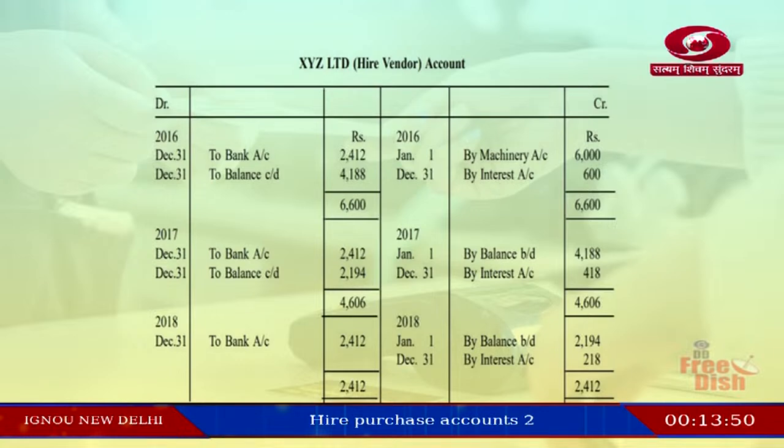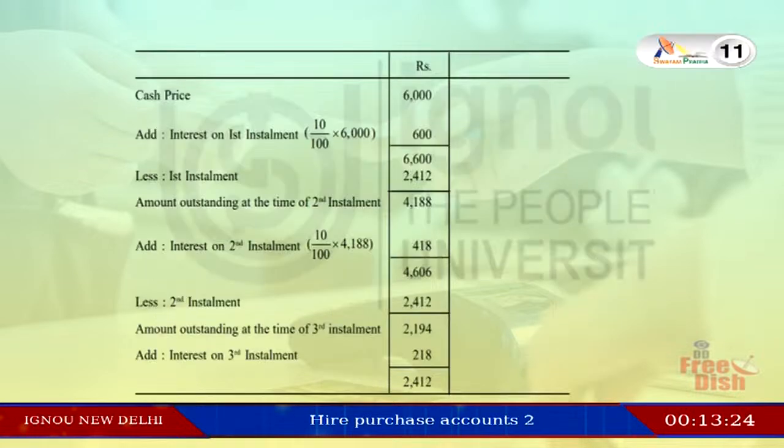So the total is 2412, and here at the end of the third year we will make the payment of the third installment, and the amount of installment is 2412. So here the account is automatically closed by having the equal amount on the debit side.